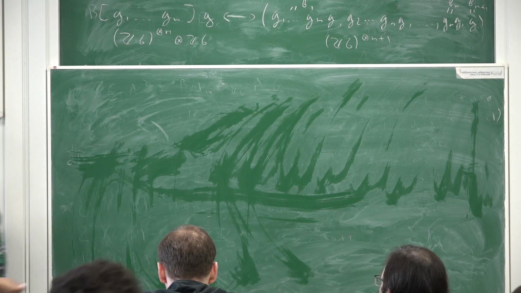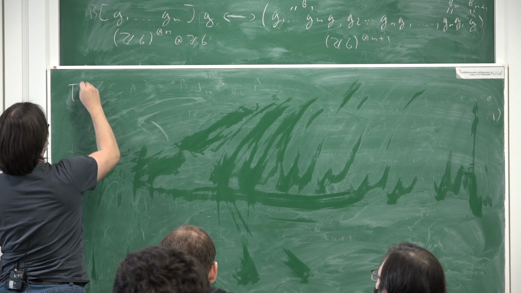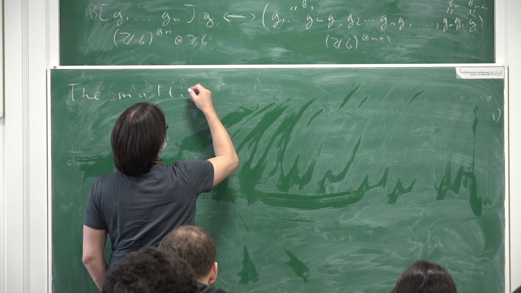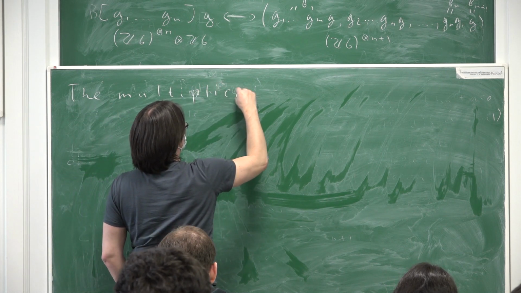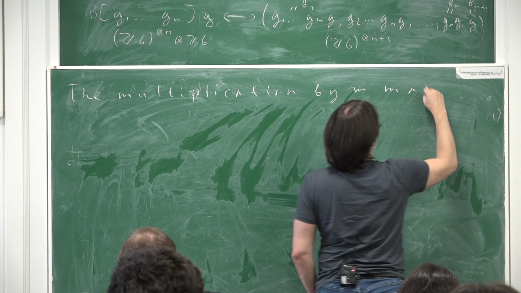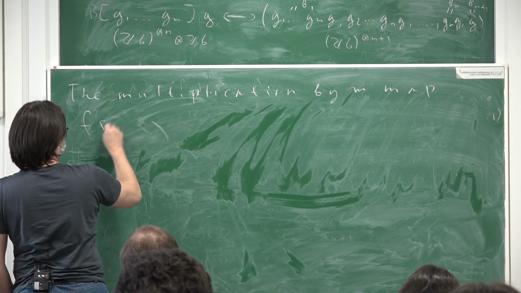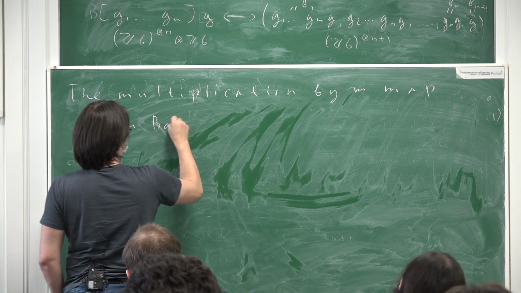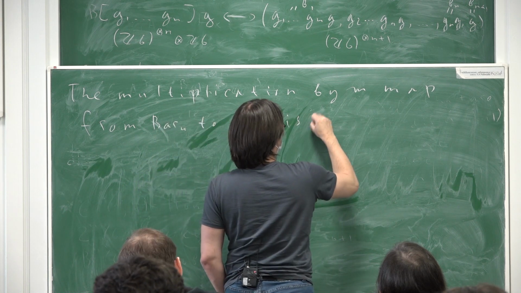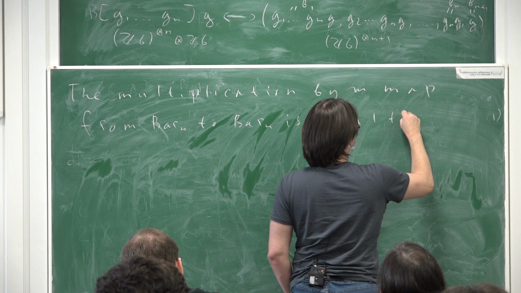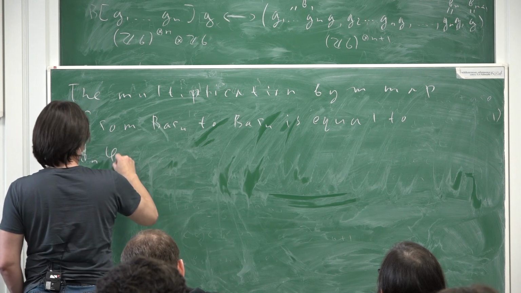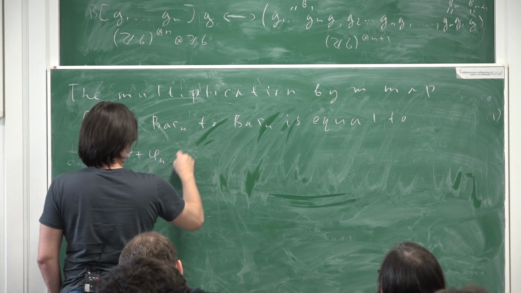So what we get? We get that the multiplication by m map from bar n to bar n is equal to dn phi n plus phi s1 d s1.